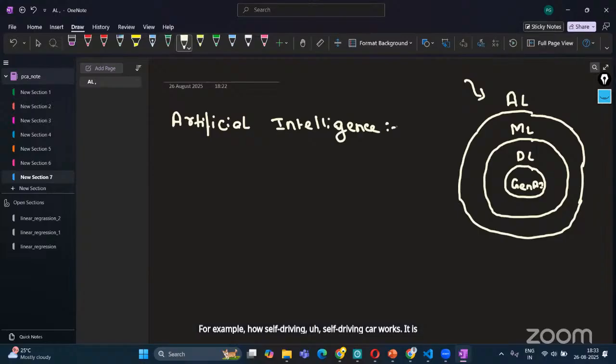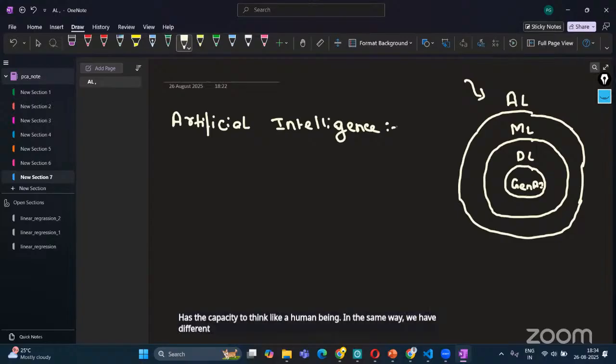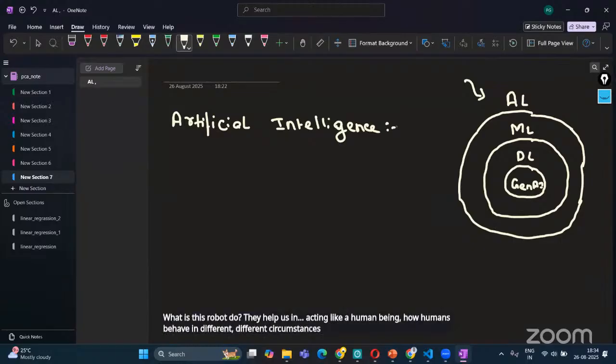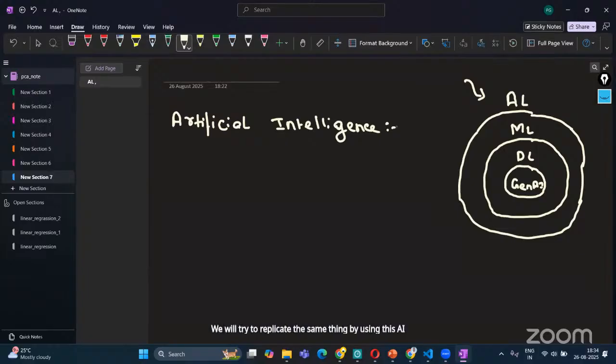The working principle of self-driving is that some AI agent is there which has the capacity to think like a human being. In the same way, we have different robots. What do these robots do? They help us act like a human being, how humans behave in different circumstances. We try to replicate the same thing by using this AI, artificial intelligence.